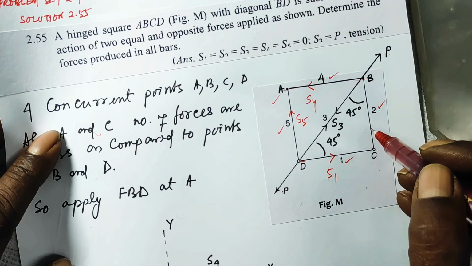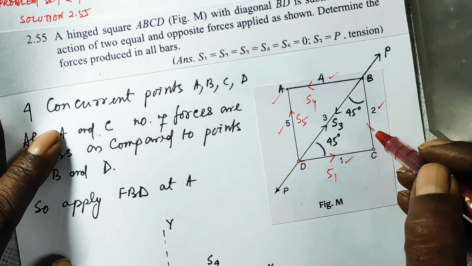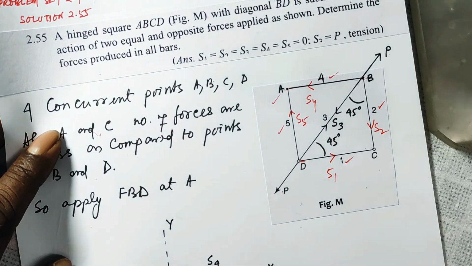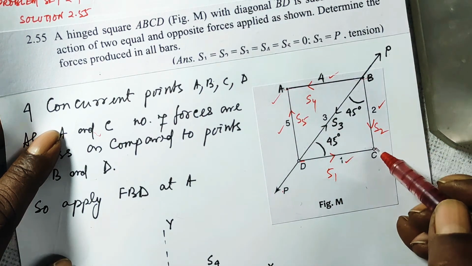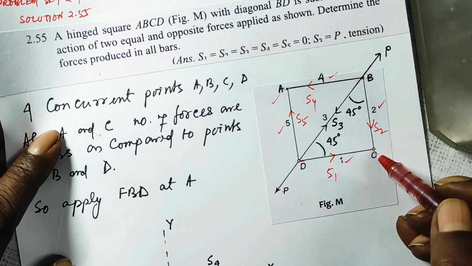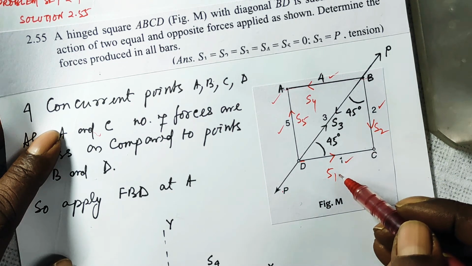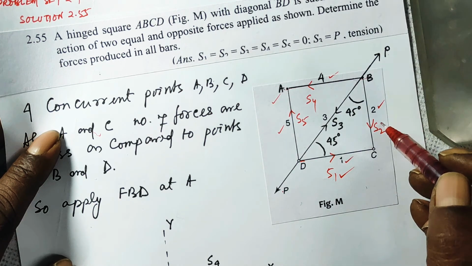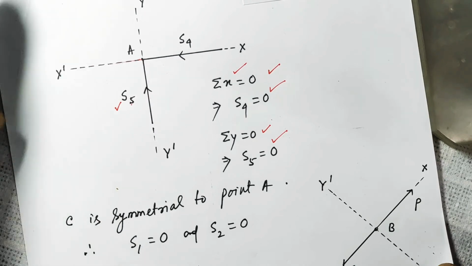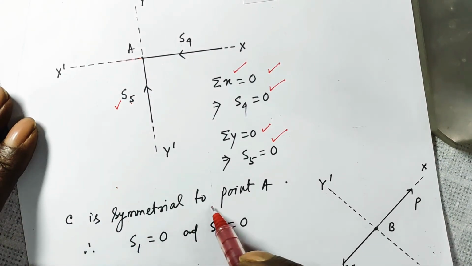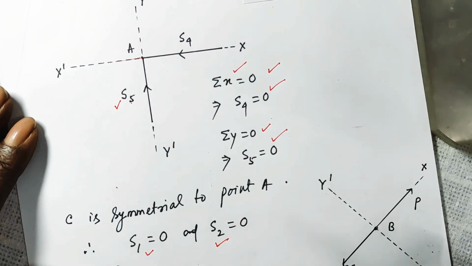So the tensile force will also be away from the point, to this side, let it be S2. As we applied the free body diagram at A, similarly if you apply it at C and take sigma x equal to 0 and sigma y equal to 0, you get S1 and S2 both equal to 0. So C is symmetrical to point A, therefore S1 is 0, S2 is 0.